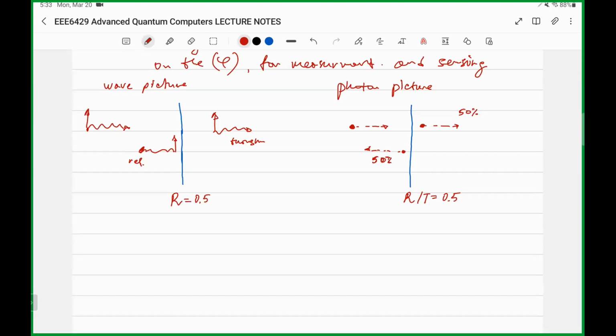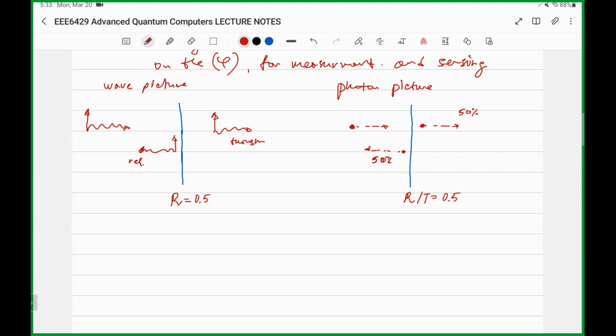So the surprising experimental fact is that this picture works not only for many photons in the system. This picture actually holds for just a single photon in the light beam.